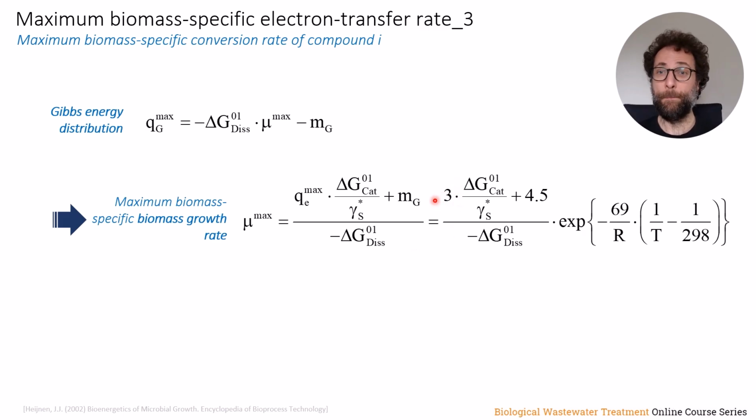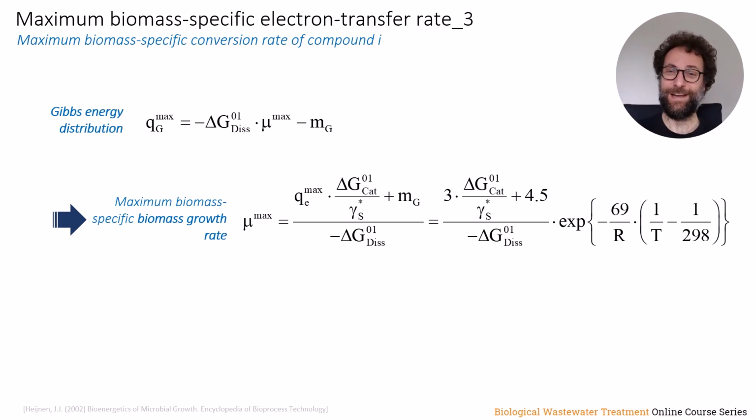The 3 mole electron per mole biomass, the 4.5 kilojoule per mole biomass per hour, and here the units are made consistent, and here's the Gibbs free energy dissipation, and again the temperature correction term.